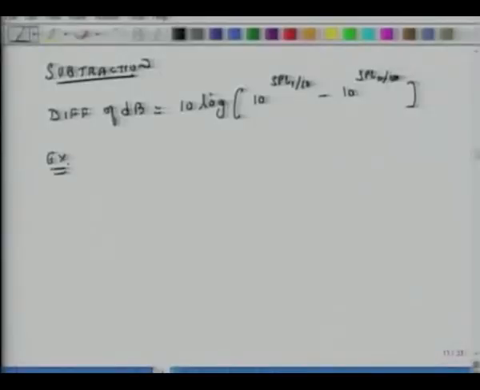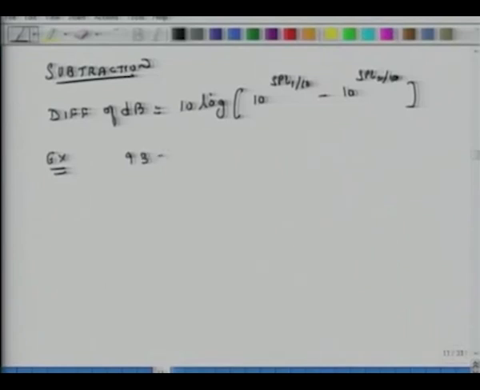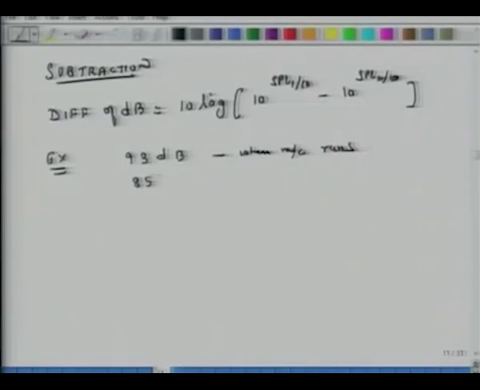Let's say we have a large machine shop, and there's some ambient noise, and then there's also noise coming when a particular milling machine is running. So when we run the machine, the total SPL is, let's say, 93 dB when the machine runs. And when the machine is not running, let's say the total SPL is 85 dB.